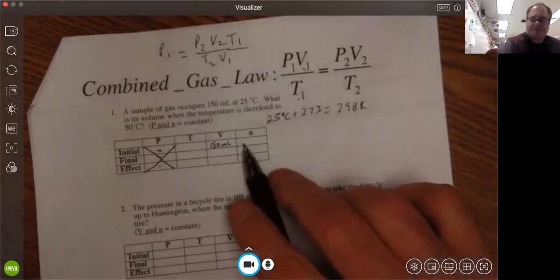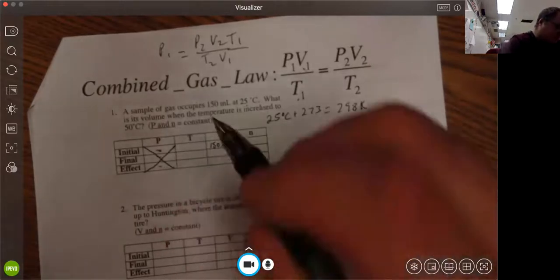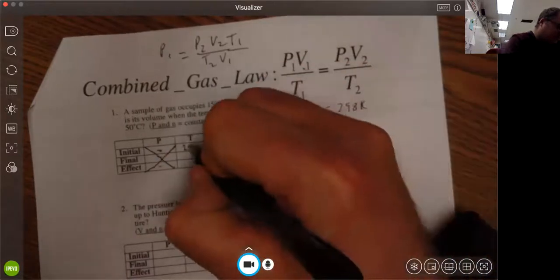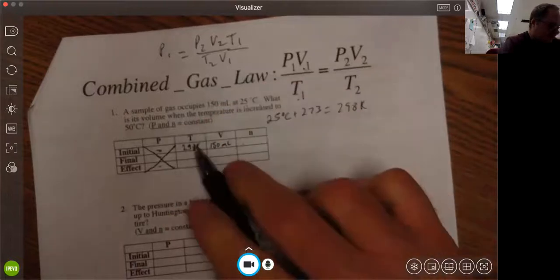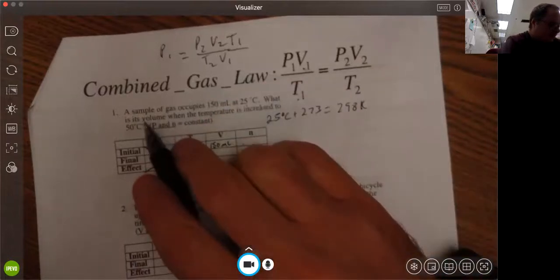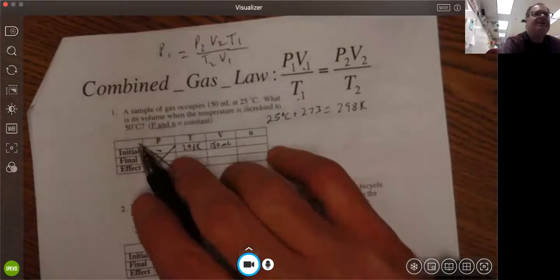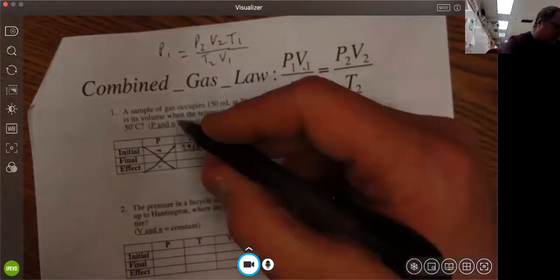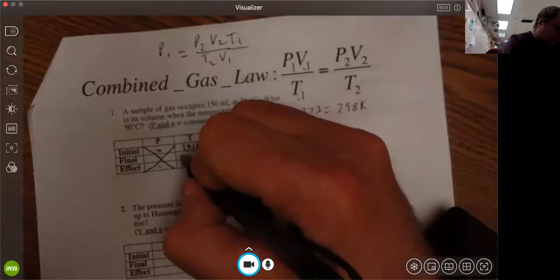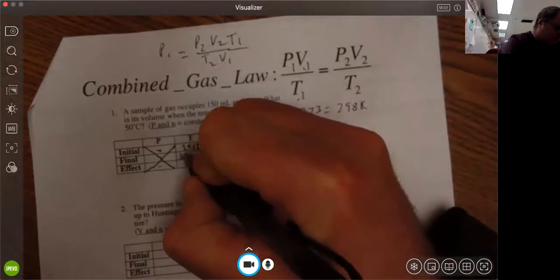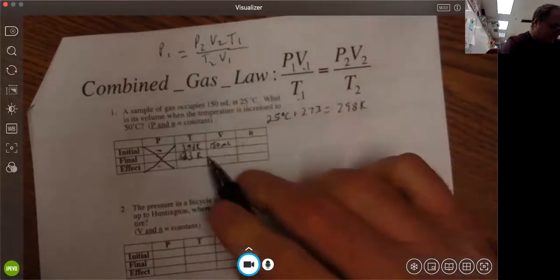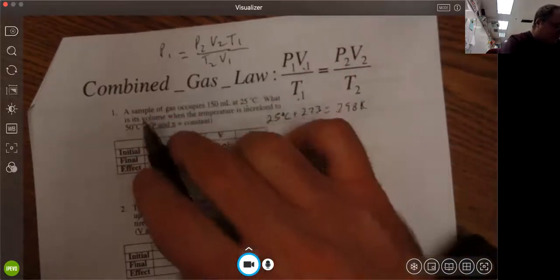So the initial temperature of the substance is 298 Kelvin. What is its volume when the temperature is increased to 50 degrees Celsius? 50 plus 273. The answer is 323. 323 Kelvin. I want to find what the new volume is.